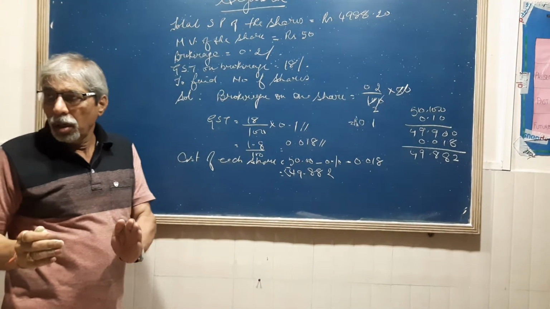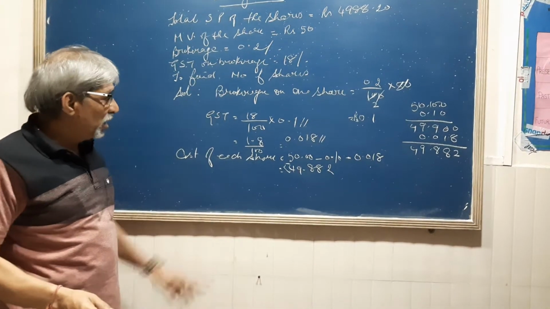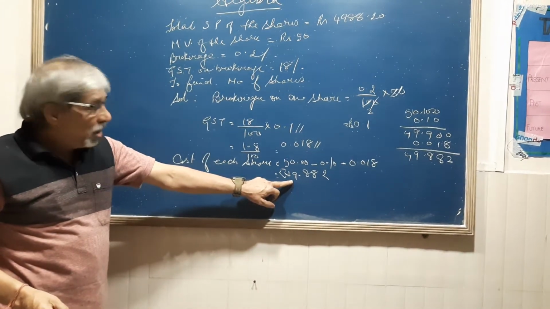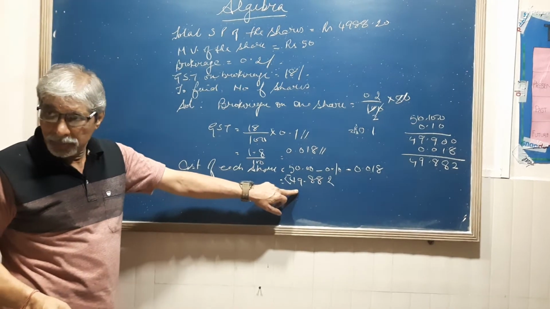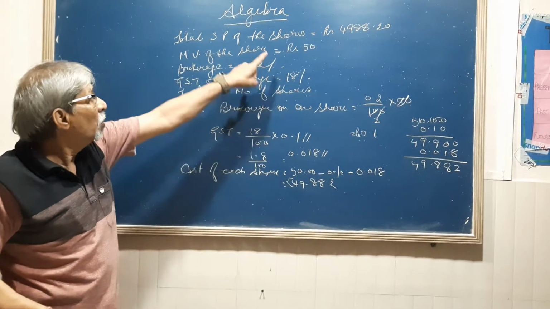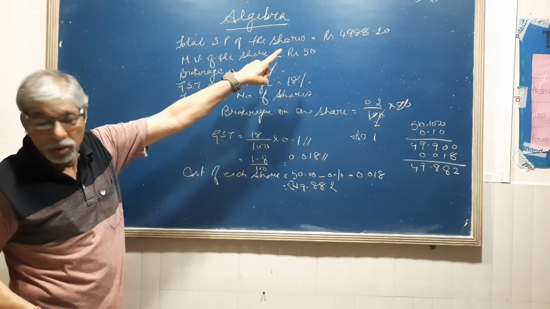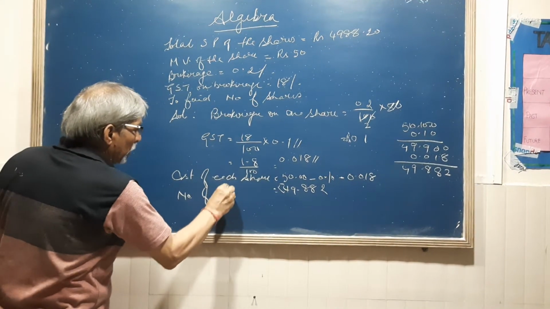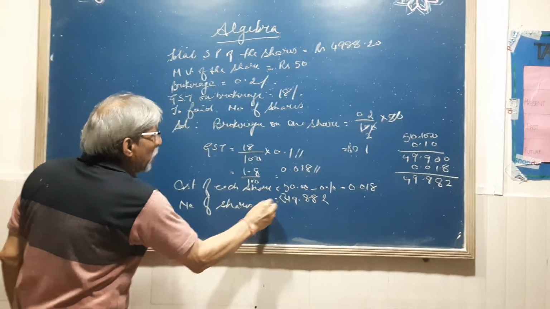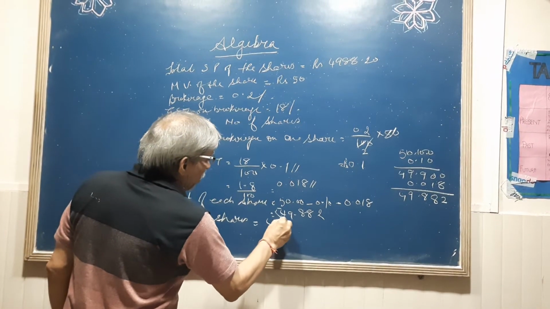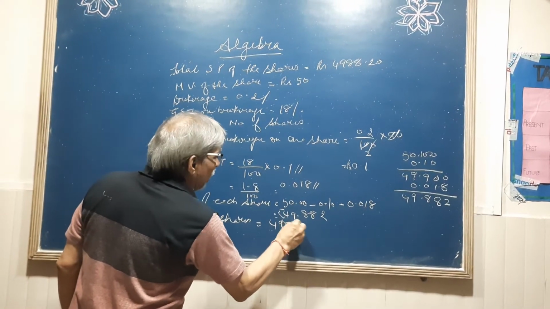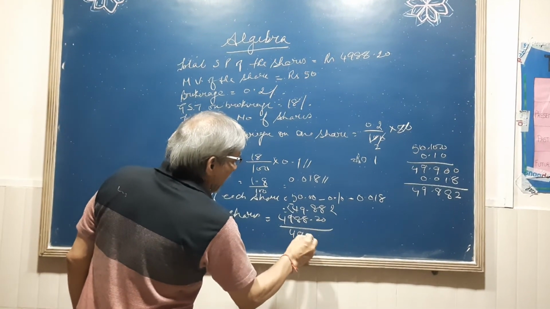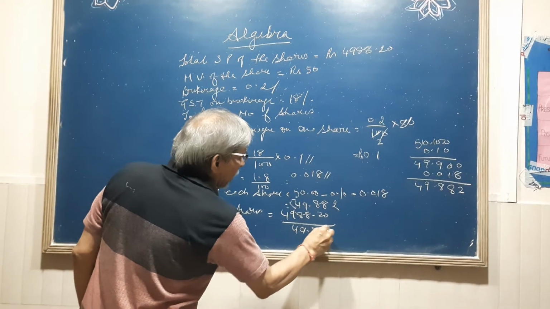Now the number of shares is equal to the total amount divided by the selling price of one share. So number of shares is equal to 4,988.20 upon 49.882.